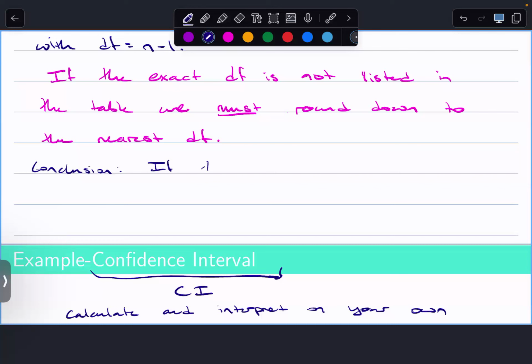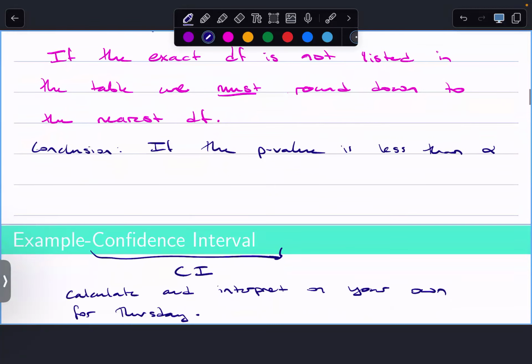If the p-value is less than alpha, we have enough evidence to reject H naught. Of course, you're going to say what your p-value range is, how does it compare to your alpha level, whatever it is, right? So you're going to be more explicit, but the general rule is always going to be that if the p-value is less than the alpha level, we have enough evidence to reject H naught.